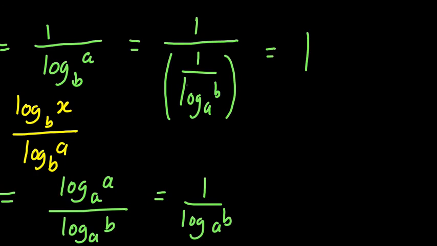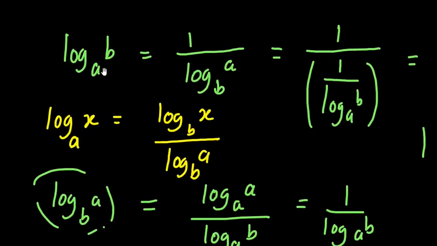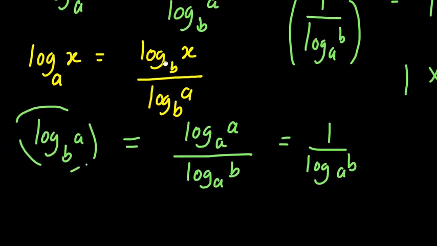Since 1 is being divided by 1 over log base a of b, it is the same as 1 times log base a of b inverted: 1 comes down and log base b of a goes upward. So 1 times log base b of a is the same as log base b of a.